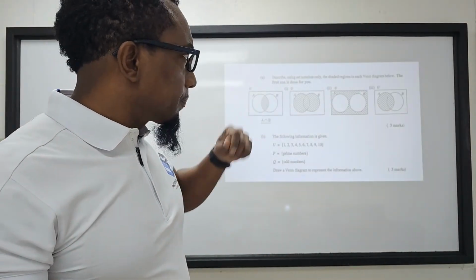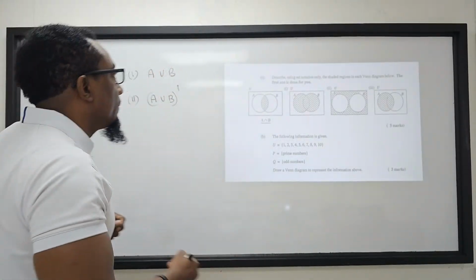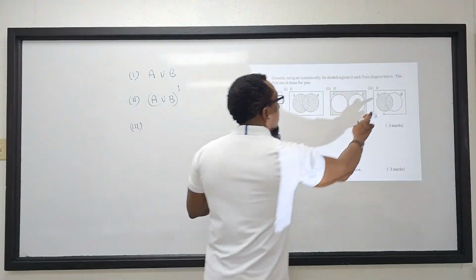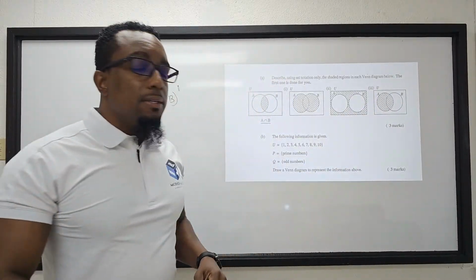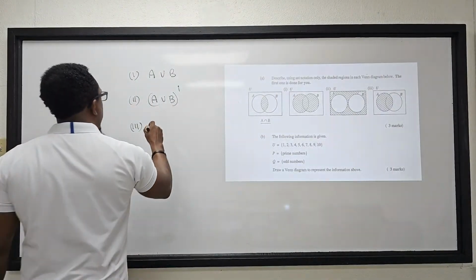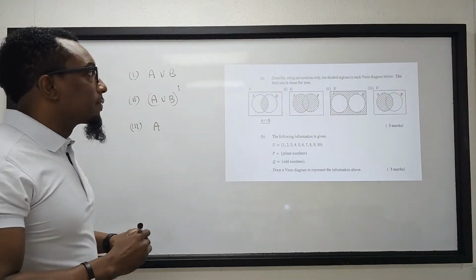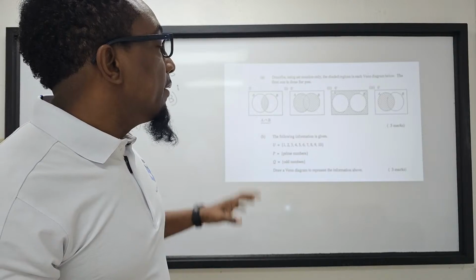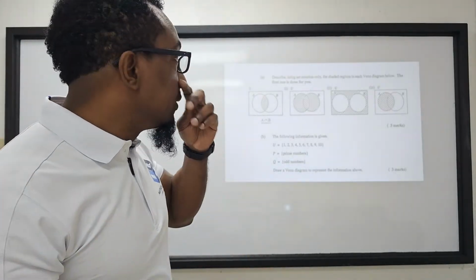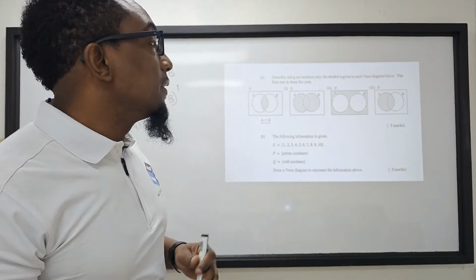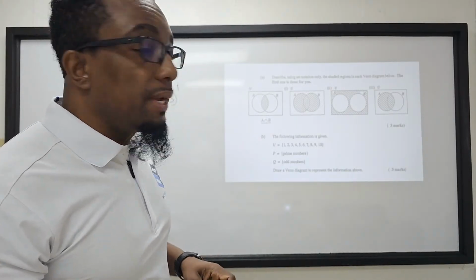And of course the last 3, the entire circle A, it is shaded. So that there represents A. So ensuring that we are clear, we can recognize when we have the shaded region, what the shaded region signifies, what it represents, the set notation, and ensuring that we are clear.